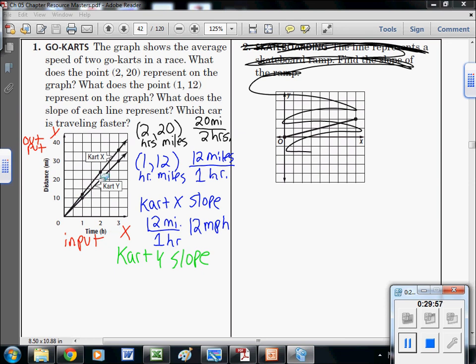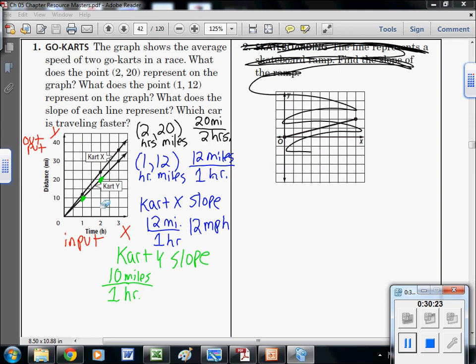And if we look here, that one's also right on the dot as well. That's 2, 20. So if we use those 2 points for cart Y, the change in output, or the vertical change, goes from 10 miles to 20 miles. So to go from 10 to 20, he went up 10 miles.